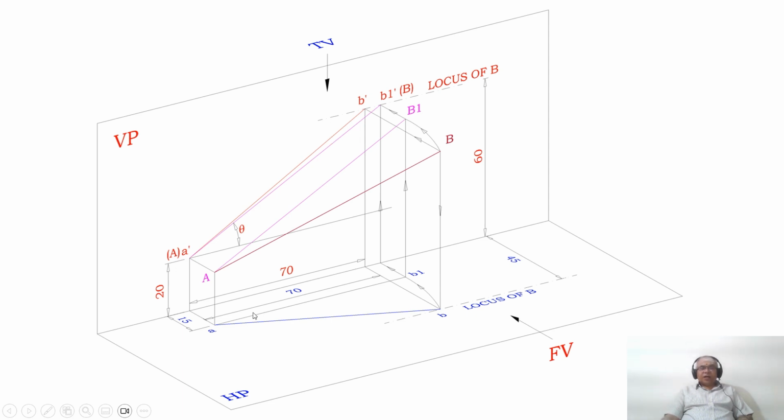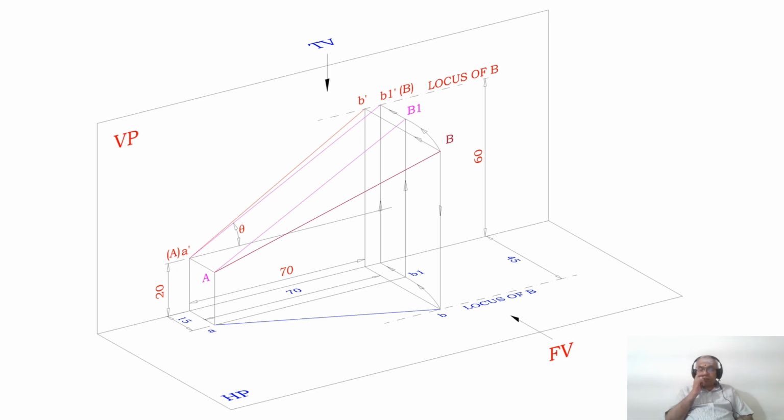Because if the top view line is parallel to XY, correspondingly in the front view that line is in true length. You can see that A dash B1 dash is the true length of the line in the vertical plane, because that line is parallel to VP. Since it is parallel to VP, I can see that image parallel to XY in the top view.